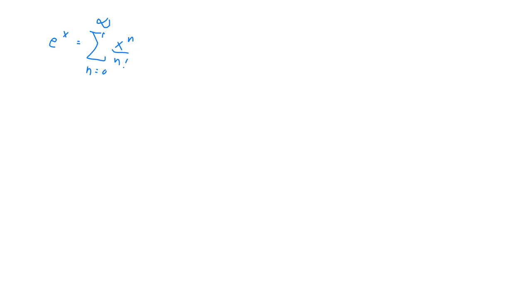Okay, I'm trying to write it. Yeah, so if you have e to the negative x, all you need to do to find the power series for e to the negative x is substitute in negative x for x.